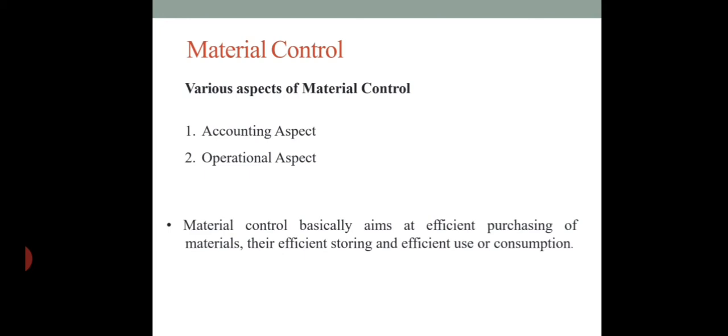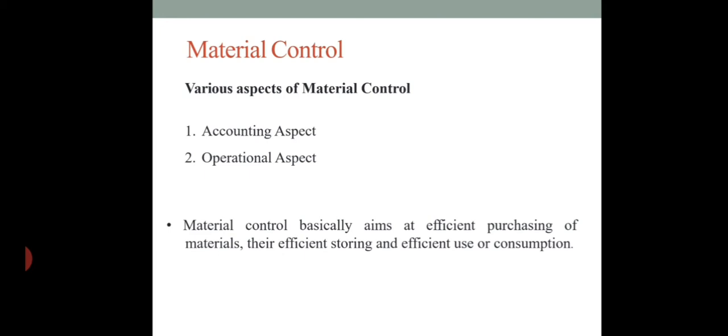So in this material control, there are various aspects. Mainly there are two aspects of material control: one is the accounting aspect and another one is the operational aspect.